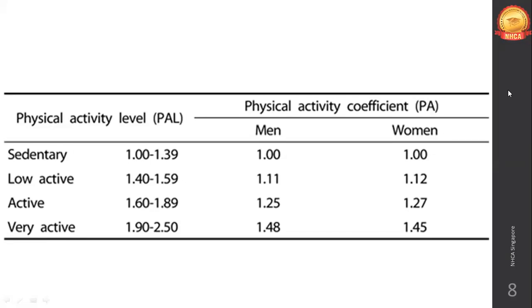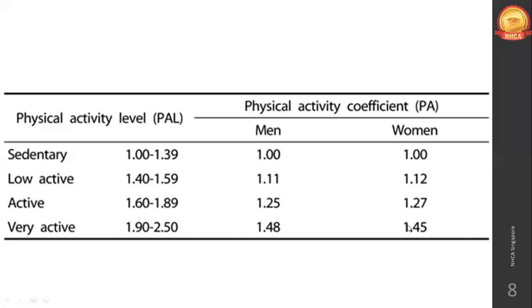What will be the answer here? Is the person sedentary, low active, active, or very active? Very active, right? So based on the gender of the person, you can select which number you have to use, right?